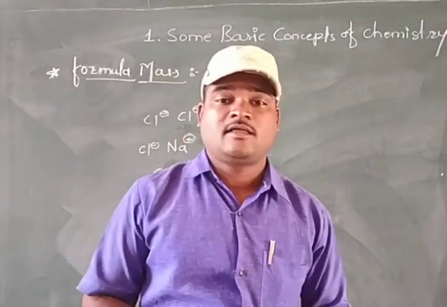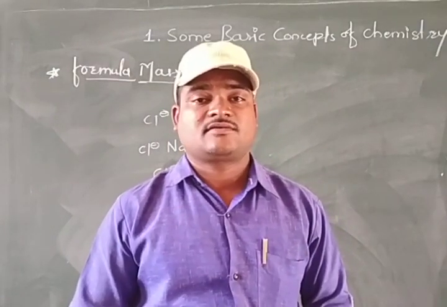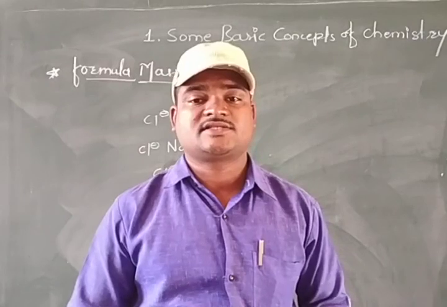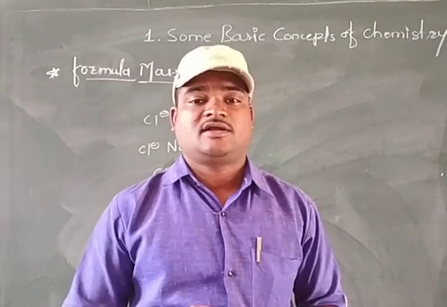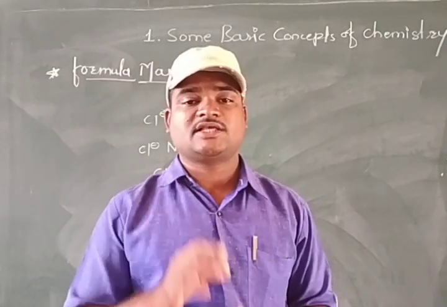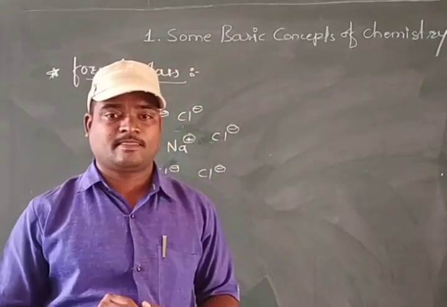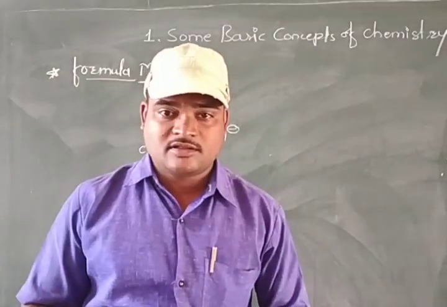All the Cl minus ions are equidistant from it, and sodium is also equidistant from the chlorine, and therefore NaCl is just the formula used to represent sodium chloride.